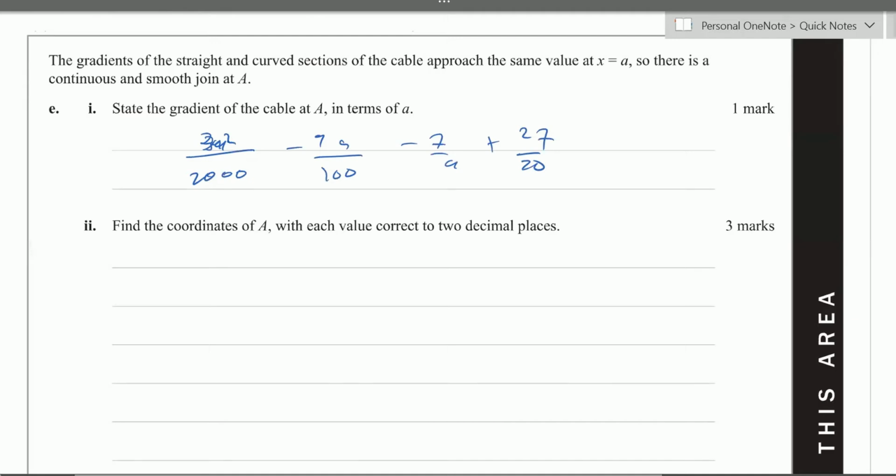Okay. So find the coordinates of A with each value. For this question, we use the continuous part of the information they give us. So for part B, we're going to use the smooth information. So if it's smooth, the gradients are equal. So we found the gradient of the straight part, and now we need the gradient of the curved part.